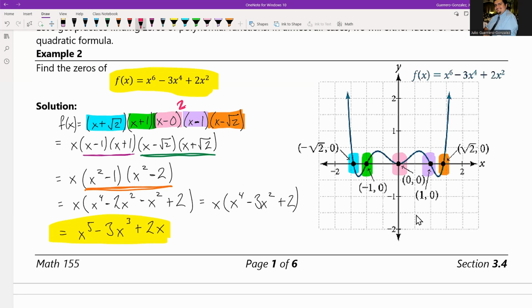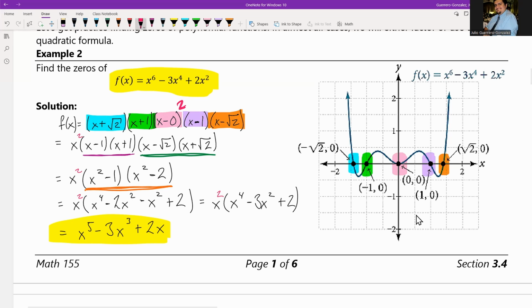Since that root bounced off, the factor for it should have been squared. So that means this should be squared. This should be squared. This should be squared. And now you guys see, right?